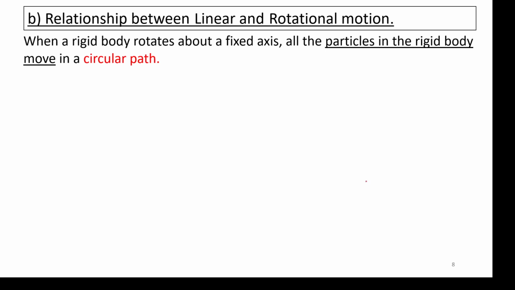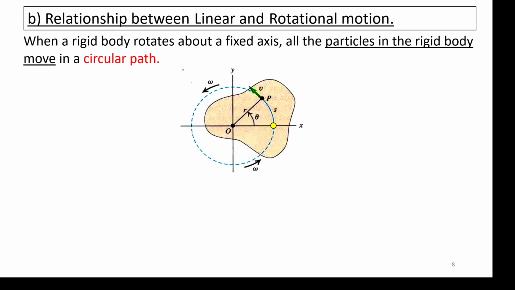When a rigid body rotates about a fixed axis, all the particles move in a circular path around the fixed axis. Here is an example: you have a particle, and it's moving in a rotational motion.